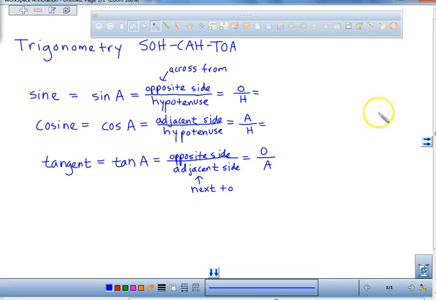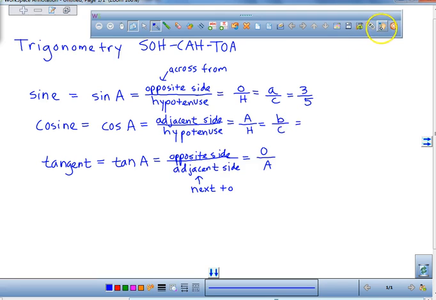So we're gonna compare right now. We're gonna compare a to the hypotenuse, which is c. Now, what's the number that we gave a? 3. What did we give c? 5. The hypotenuse. So we have the opposite side over the hypotenuse. Let's look at your adjacent side, which is what? Lowercase b over c.